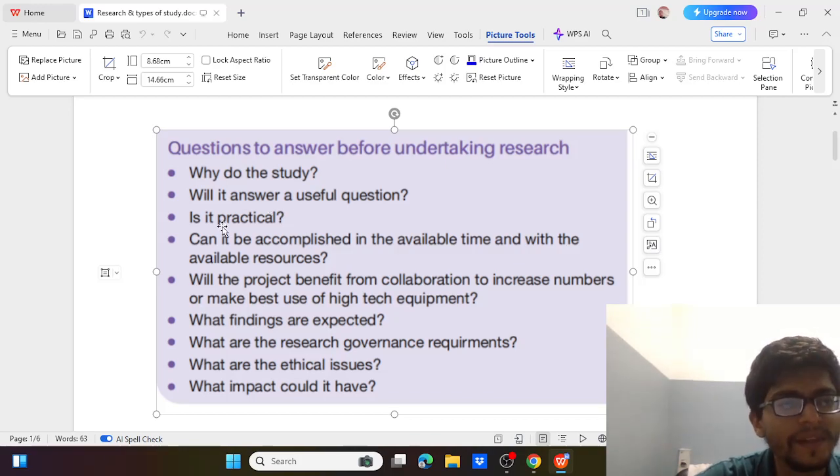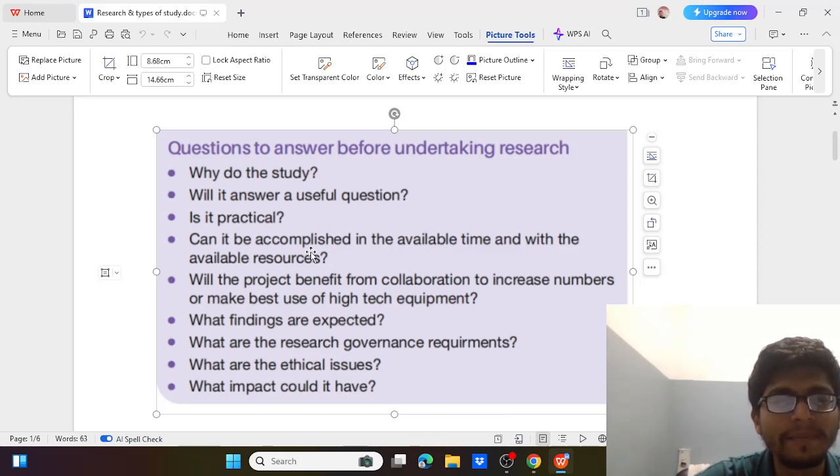Third, is it practical? Whatever research we are planning, will we be able to do it with our level of knowledge and level of care? Next, can it be accomplished in the available time with available resources? Do we have sufficient time?